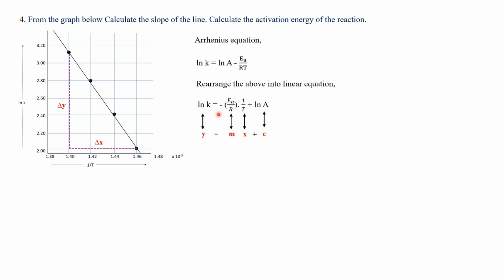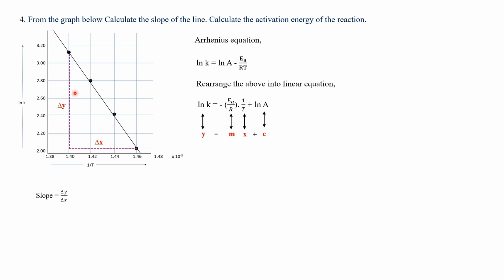This is the linear equation: ln k is equal to minus Ea over R times 1 over T plus ln A. You can see it is a y is equal to mx plus c type equation. The y is ln k, x is 1 over T and m is slope. It is negative Ea divided by R. Intercept c is ln A. Ea is activation energy. R is the universal gas constant, 8.314 joules per Kelvin per mole.